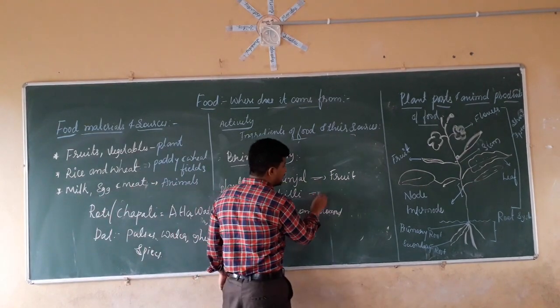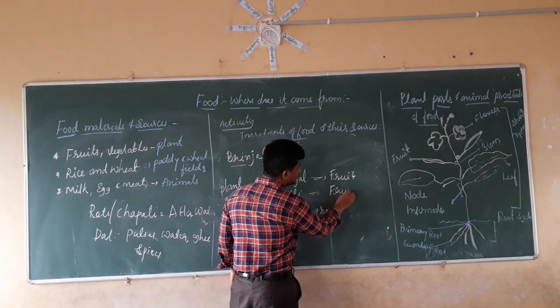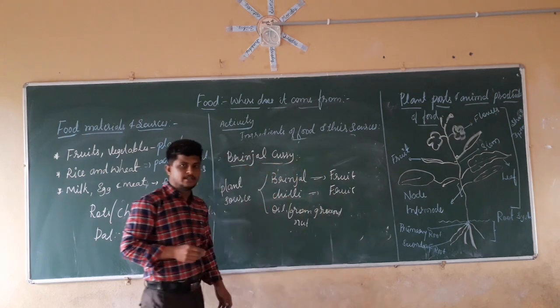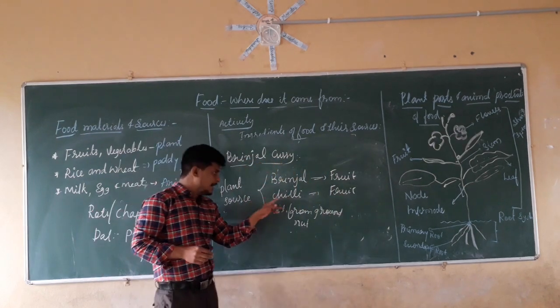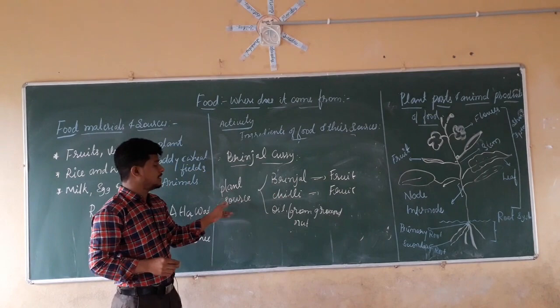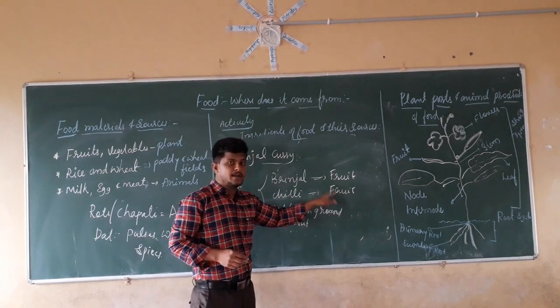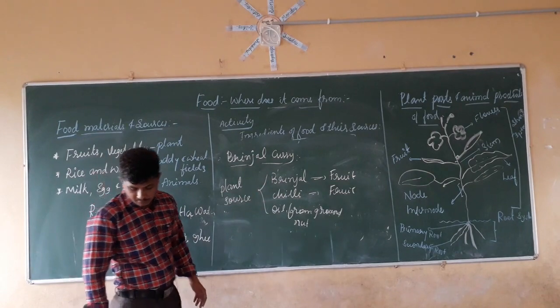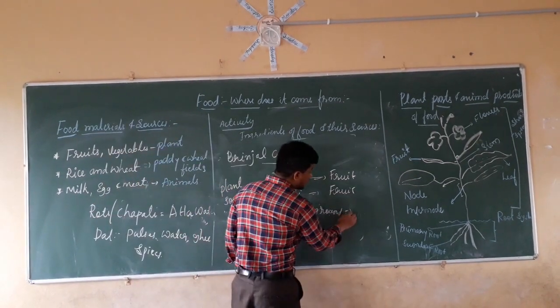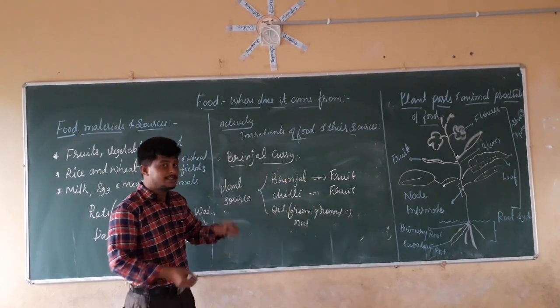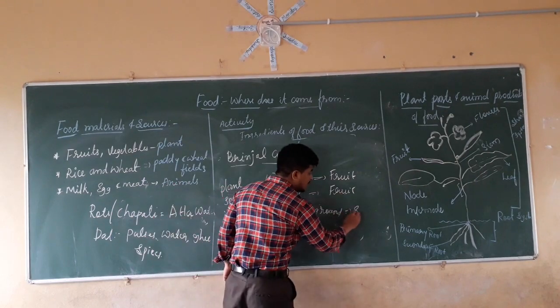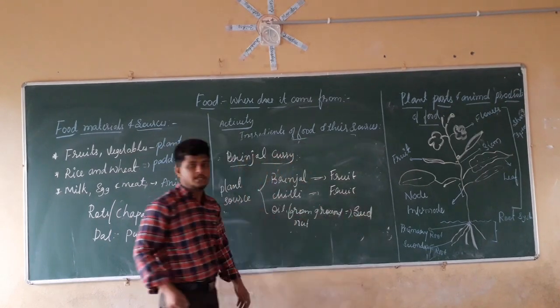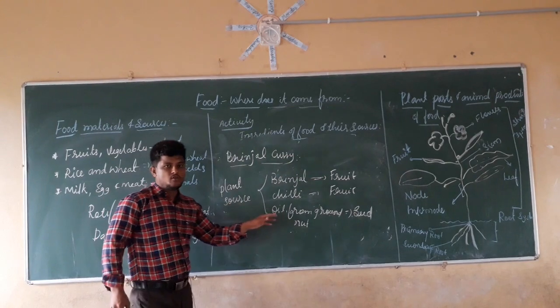Chili is also a fruit. It is coming from the plant source, but it is the fruit part. In the same manner, oil from groundnut: groundnut is the seed part of the plant. In this way you have to make the list.